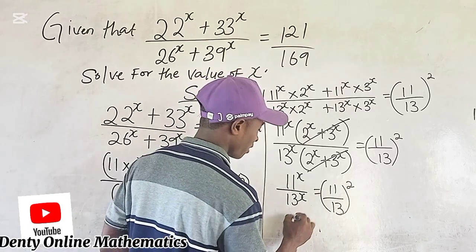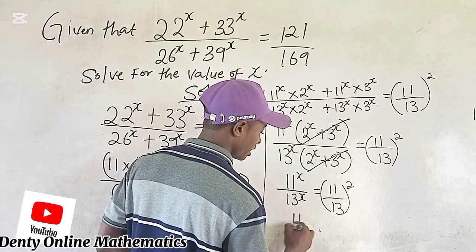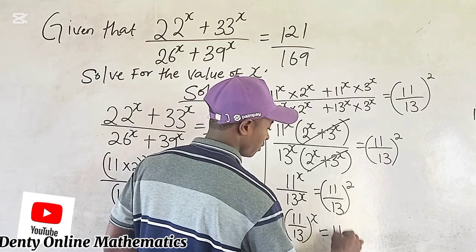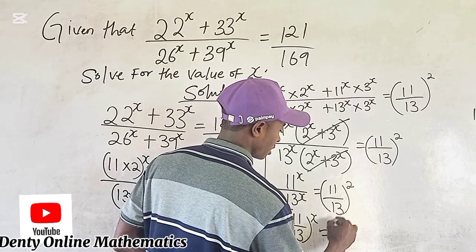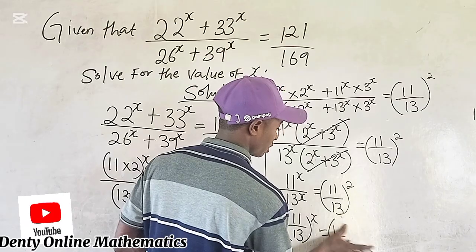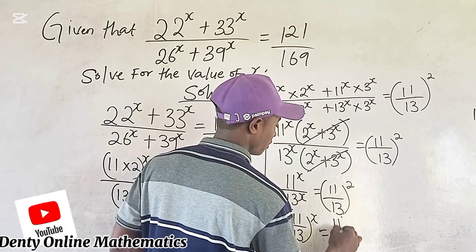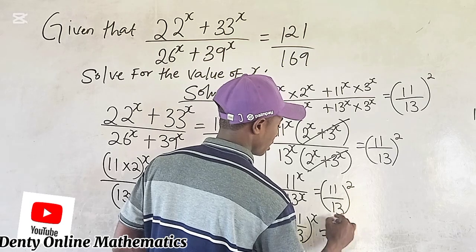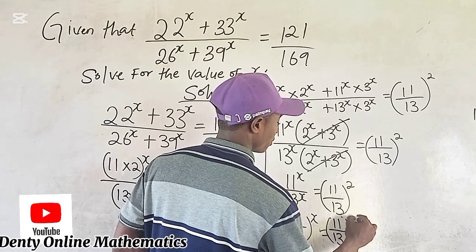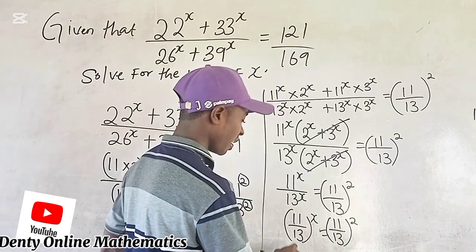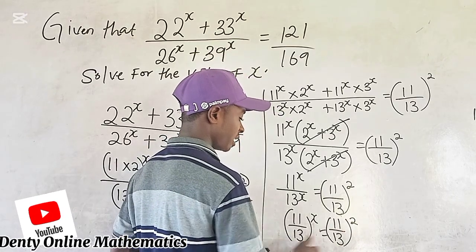That's it. So I have 11 over 13, all of this raised to the power of x, equal to 11 over 13 raised to the power of 2. Now what do you observe again? I have 11 over 13 here, I have 11 over 13 here.